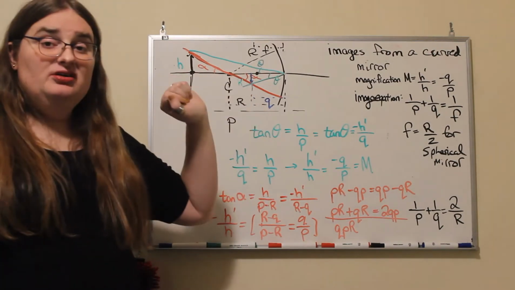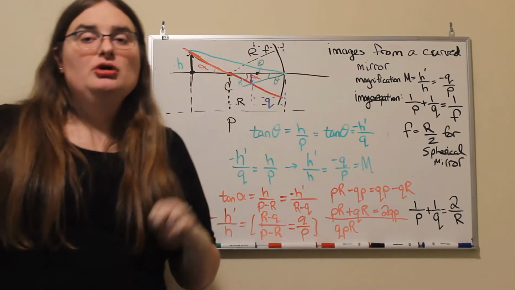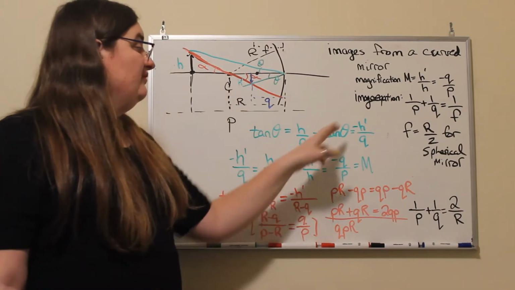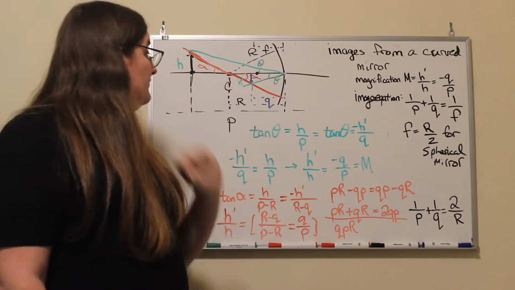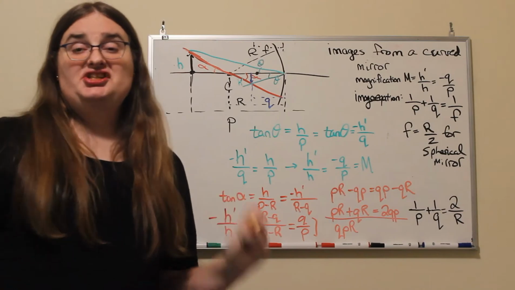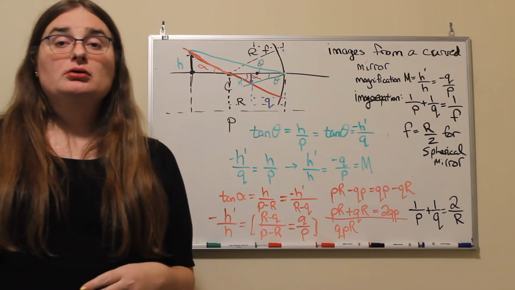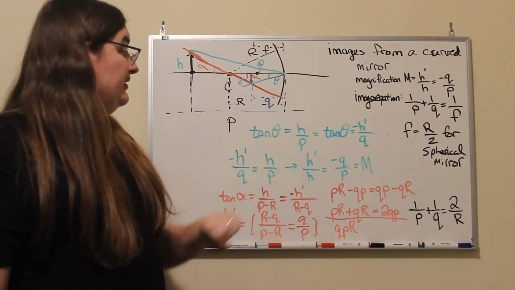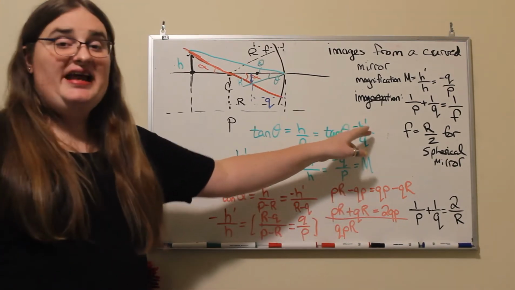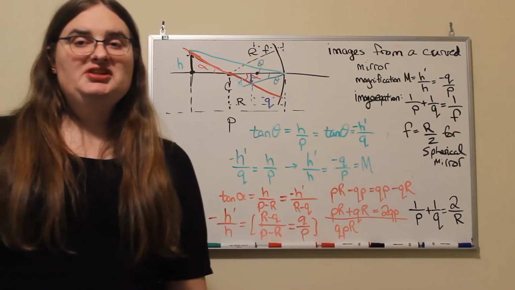The tangent of that angle is also going to be equal to, well, this image is upside down, so an upside down image would have a negative height, so the tangent then would be minus the image height divided by the image distance q. And that angle is the exact same angle. So that means then that h over p, the object height over the object distance, equals negative h prime over q, the image height over the image distance.